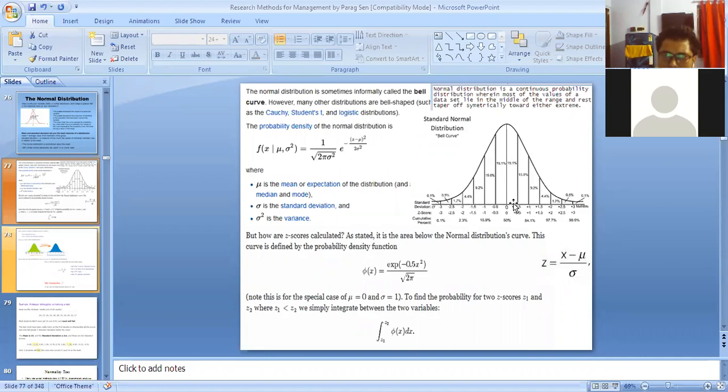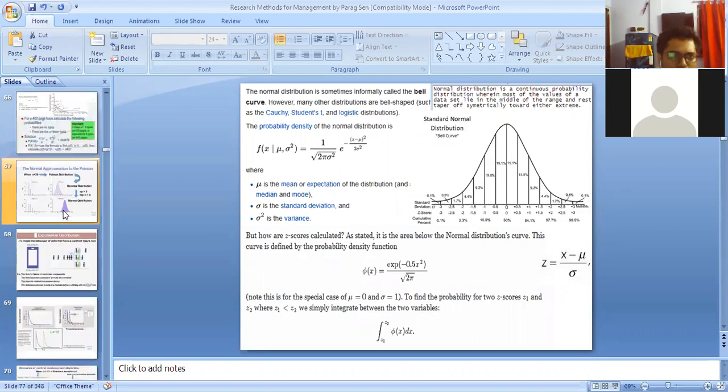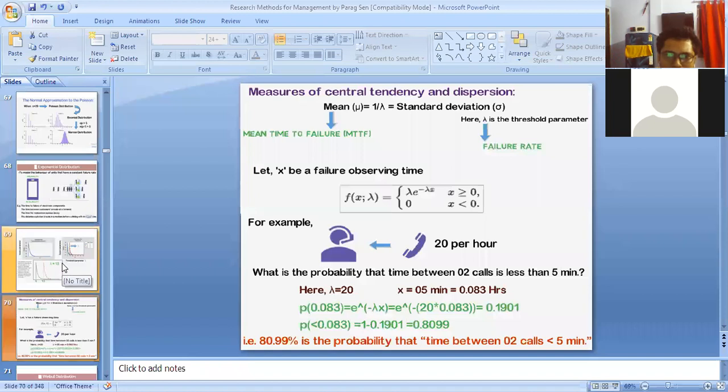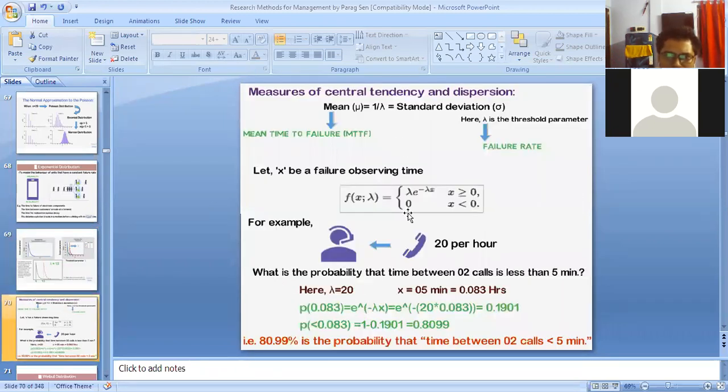Okay, similarly, suppose you consider the exponential distribution. What is the formula for the exponential distribution? You can see that the function of x provided lambda is given as lambda times e to the power minus lambda x.